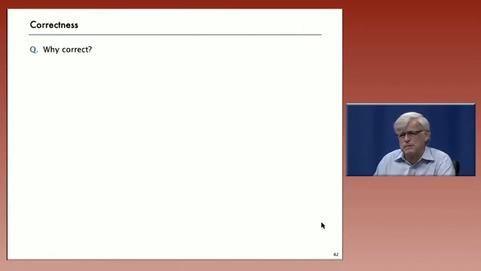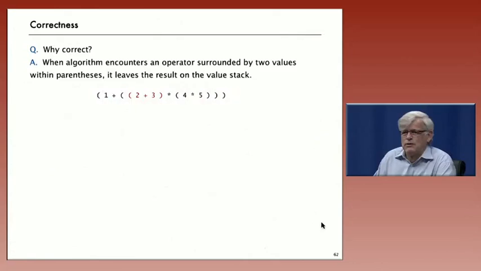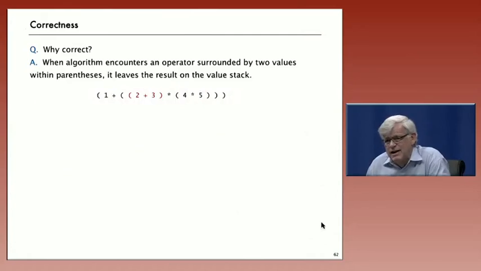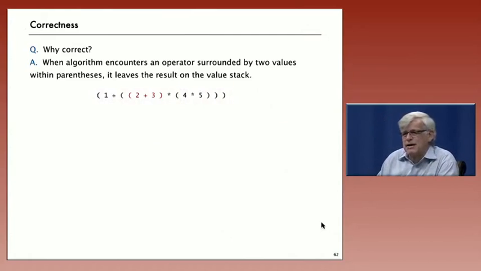So why does this work? Well, when the algorithm encounters, say, the inside with parenthesis, operand, operator, operand, parenthesis, it's easy to see that what it's going to do inside there is put the 2 and 3 on the top of the value stack and the plus on the top of the operator stack.